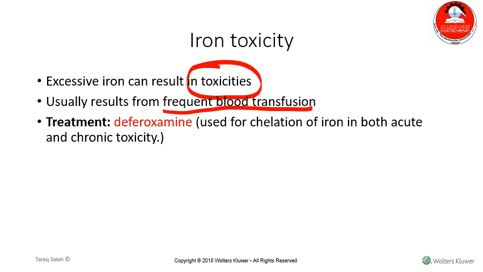Fortunately, we have a chelation treatment, a drug called deferoxamine, that is used to reduce iron toxicity resulting from increased iron content in the body. And this can be used for both the acute and the chronic toxicity of iron.